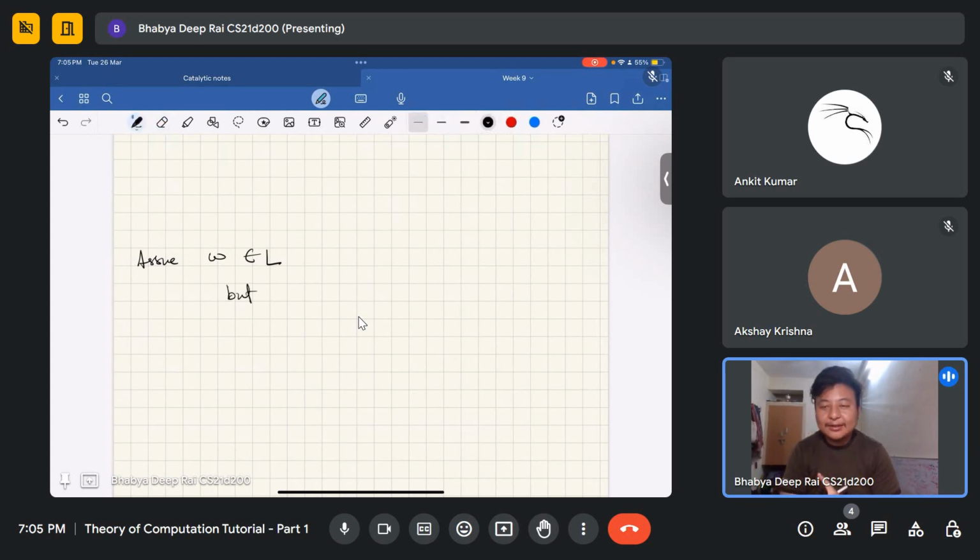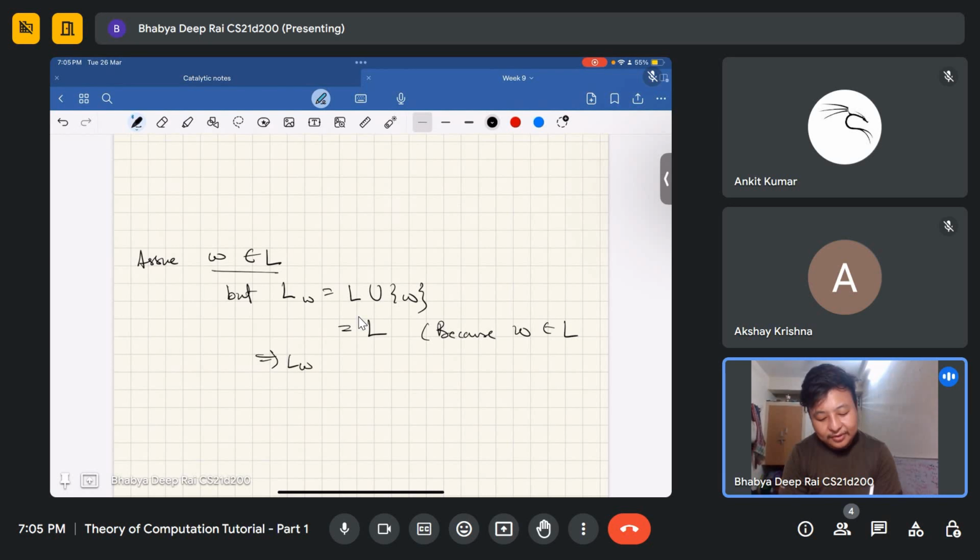Let's say W is in L. LW is nothing but L union W. But L is already containing W, right? If I do union W, it won't have any effect. So this is nothing but L, because W is in L. This shows that LW is equal to L, but LW is Turing recognizable.